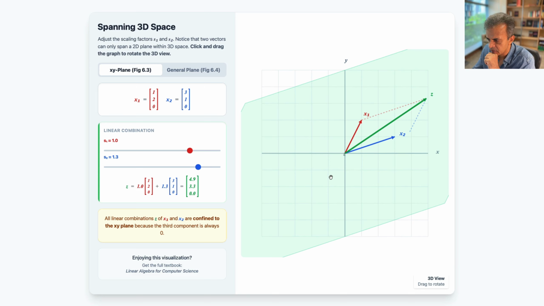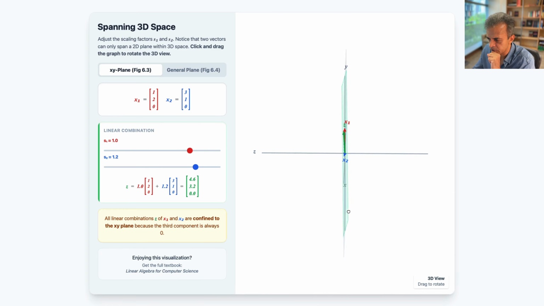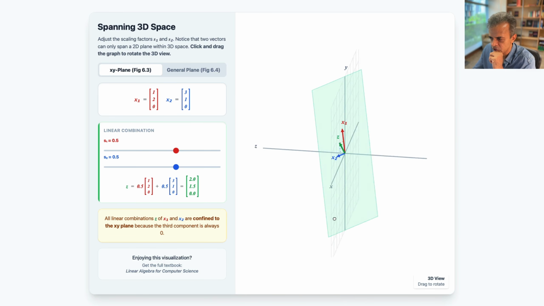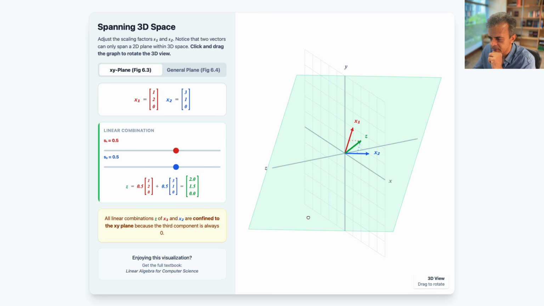Yes, now I'm staring at it right down the z-axis. Then I can see that these guys are just moving around. But if I rotate it so that I'm looking at it edgewise, I can see that whatever scaling factors I use, the green vector is never getting out of my xy plane. So play with it and see that you're confined to the xy plane.